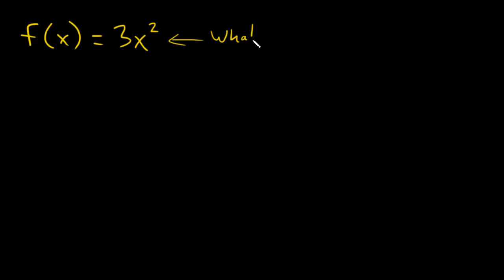Okay, so let's start off with a strange question. Okay, it's not that strange, but I haven't asked you this before. Let's say I have a function, f of x equals 3x squared. Now the question is, what function did I differentiate to give me 3x squared?